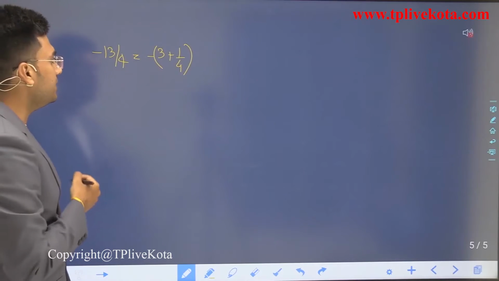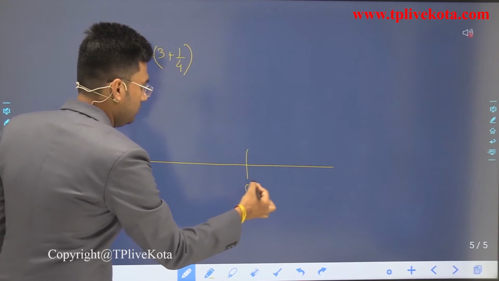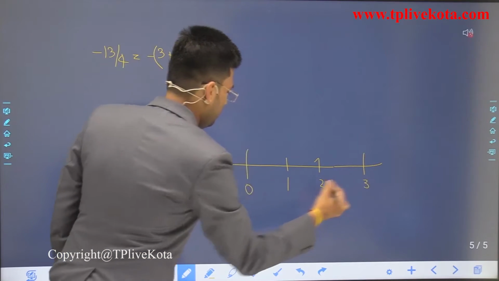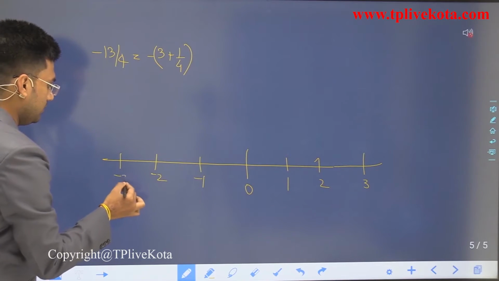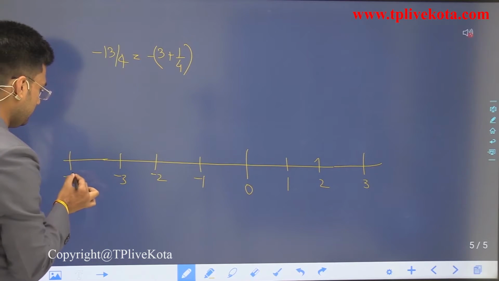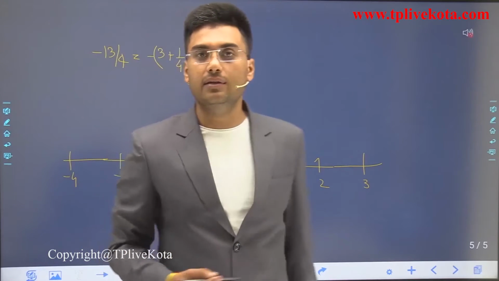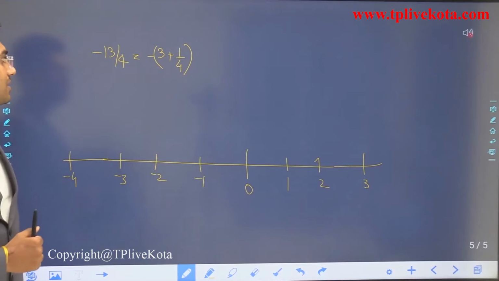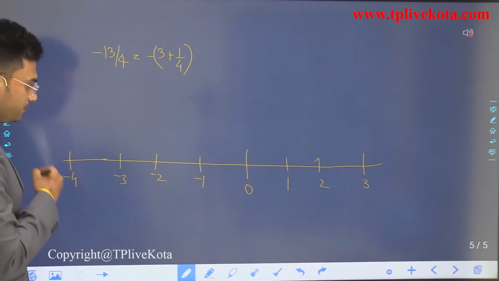So what it means, this is 0, 1, 2, 3, minus 1, minus 2, minus 3, minus 4. This number lies where? This number lies between minus 3 and minus 4.